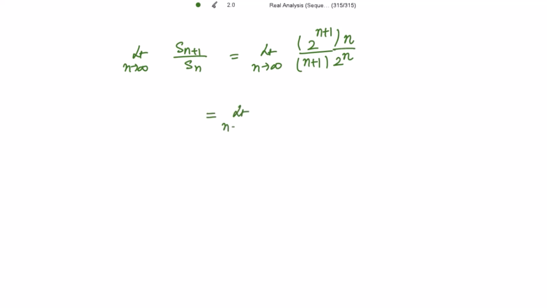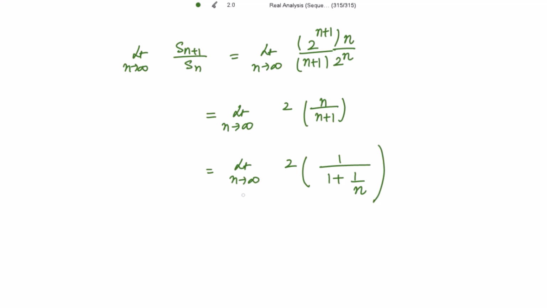So this becomes limit n tends to infinity, where 2 to the power n cancels out in the numerator and denominator, and here we have 2 into n divided by n plus 1. And if I take n common from the numerator and denominator, I get 2 into 1 divided by 1 plus 1 divided by n. And now putting n tends to infinity over here, I get 2 into 1 divided by 1 plus 0, and that is equal to 2.